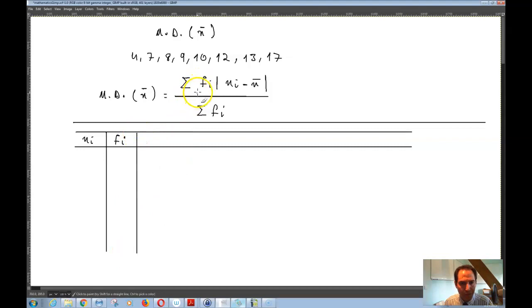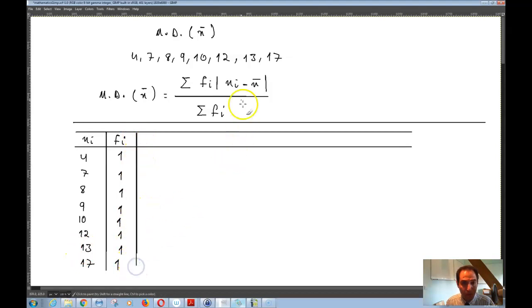So you have 4, 7, 8, 9, 10, 12, 13, and 17. And the frequency of each of these observations is 1. So you have a 1, 1, 1, 1, 1, 1, 1, and 1.